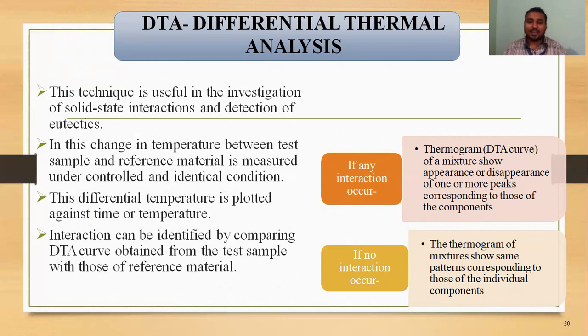Okay. So if any interaction occurs, the thermogram, that is called the DTA curve, of a mixture shows appearance or disappearance of one or more peaks corresponding to those of the components. That means you can see more than one peak, or fewer peaks. Okay, it will be appearance or disappearance, the number of peaks will vary.